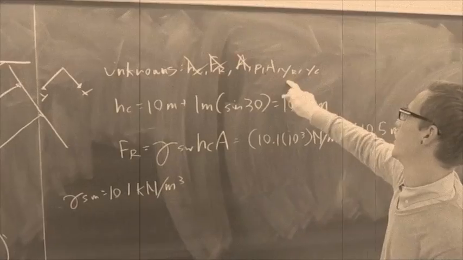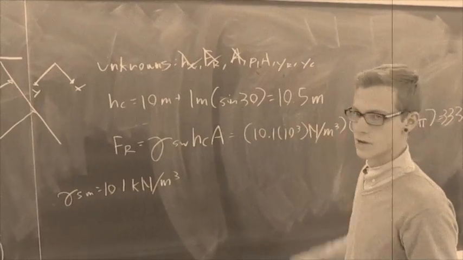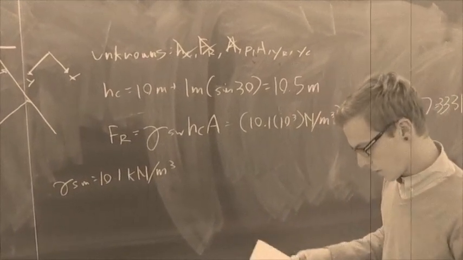So our unknowns, we have this, that, that. So now we need P1A, Yr, and Yc. P1A we'll solve for at the end. So let's move on to Yr and Yc.